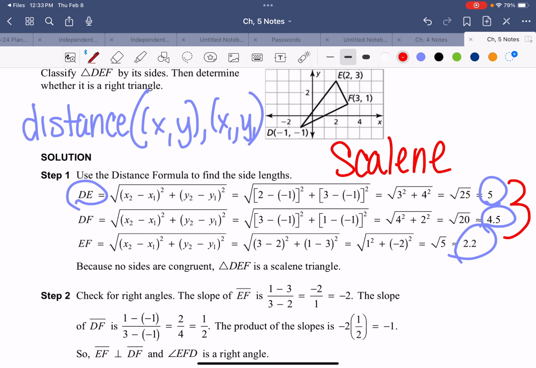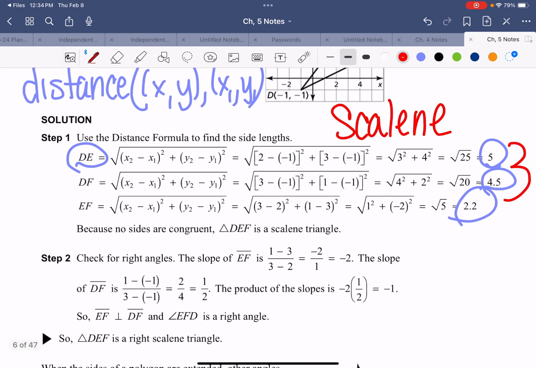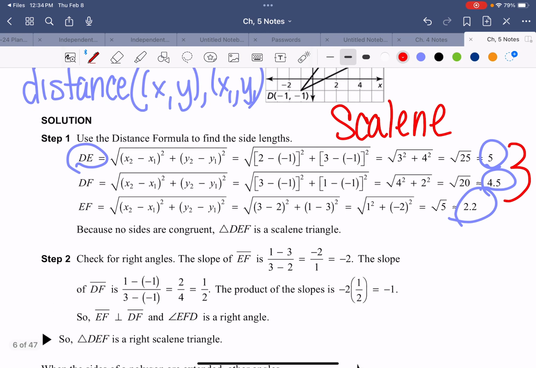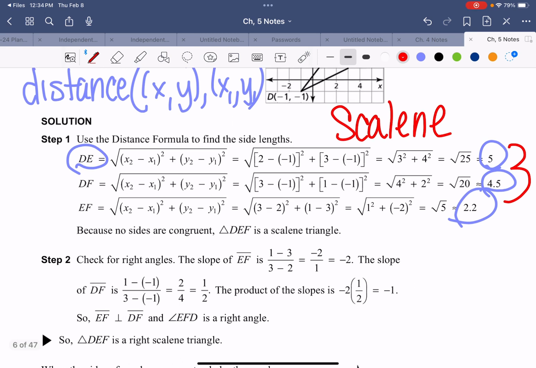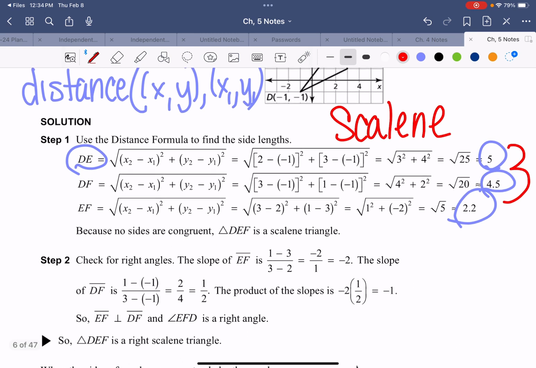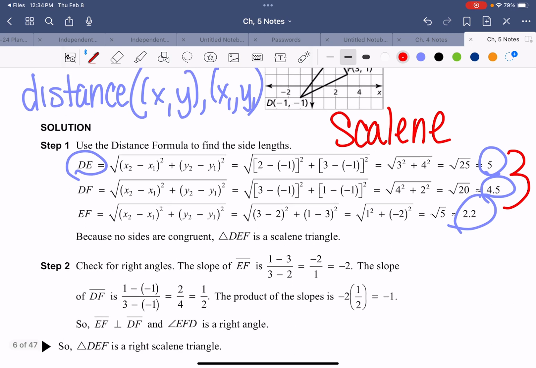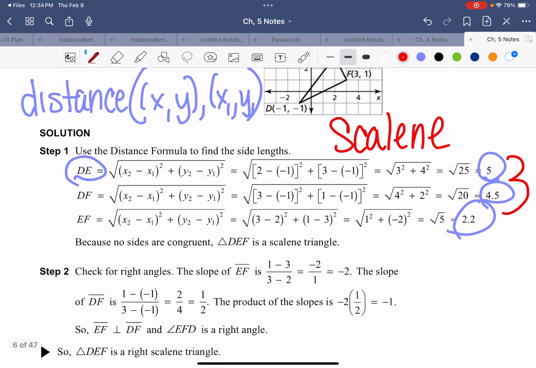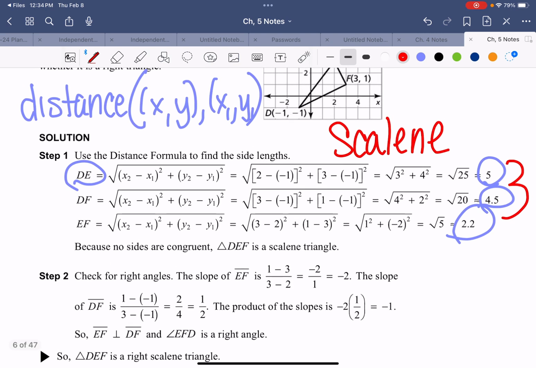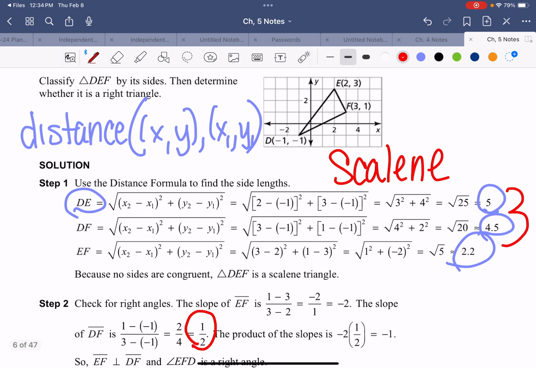So now we've got to look at slopes. I haven't seen if they've got a slope formula in Desmos, but I'm going to make a note to check on that. Maybe Madison will look for me. So we're going to calculate the slopes of each one of these lines. We find that DF has a slope of 1/2. Then we look at EF, because we know this is the only possibility for it to be a right angle.